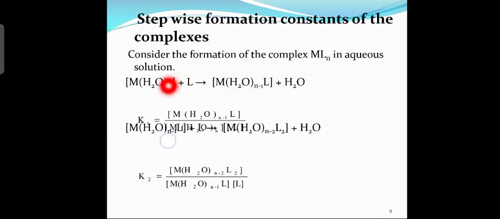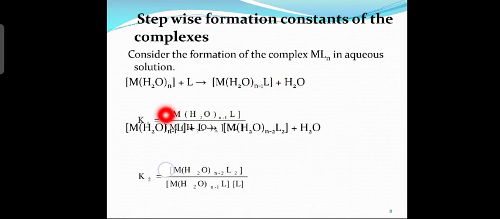M(H2O)n, where water is the aqua ligand, n times, plus L, the ligand, gives M(H2O)n-1 L, because one aqua is going outside, plus H2O.